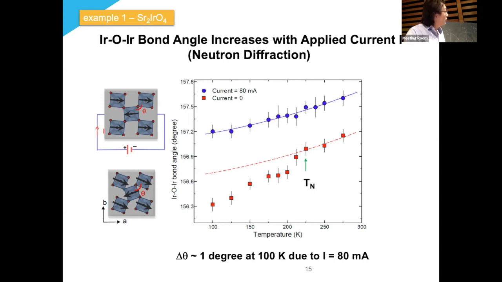This is reasonable. But if you apply current, this anomaly disappears. This is another piece of evidence indicating that the current can indeed modify the crystal structures.